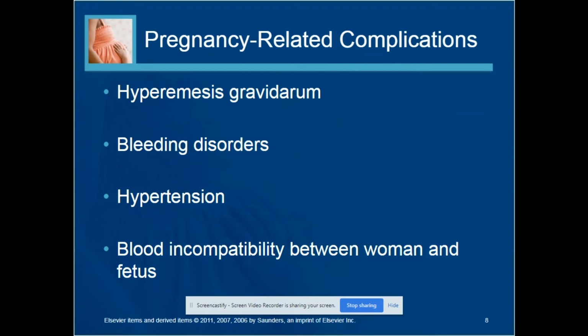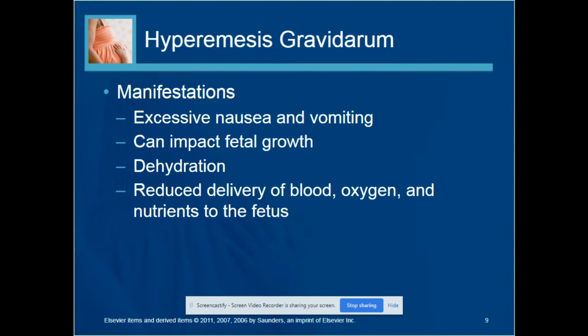These 4 pregnancy-related complications we're going to go over: hyperemesis gravidarum, bleeding disorders, and there's going to be multiple of those, hypertension, and blood incompatibility between the woman and fetus. So hyperemesis gravidarum is the first one we're going to talk about.